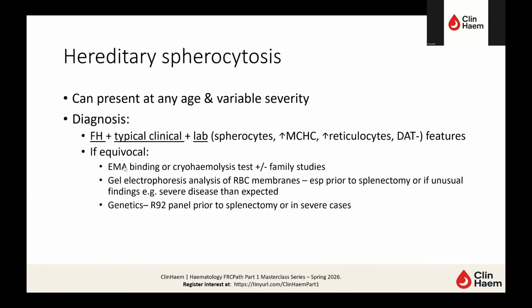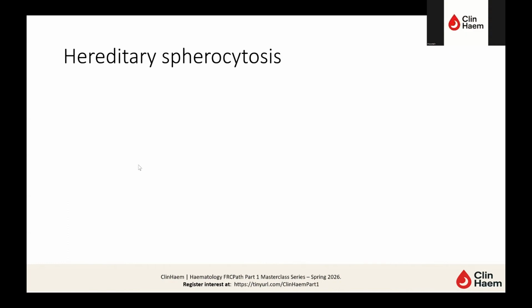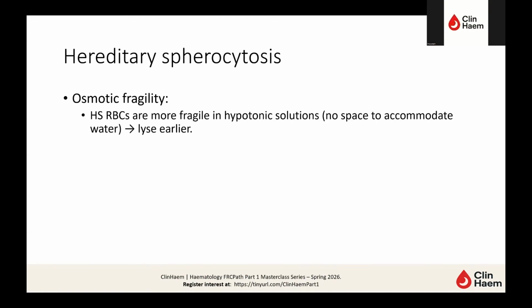I'll briefly mention two tests that they can ask in exams. In the guideline, they say EMA binding is a good screening method, so I'll just mention that. Actually, osmotic fragility is how it was used in the past to screen for it. It's gone out of fashion for real life, but not for exams. In hereditary spherocytosis, red blood cells are more fragile in hypotonic solutions.